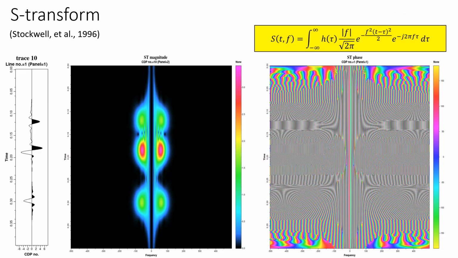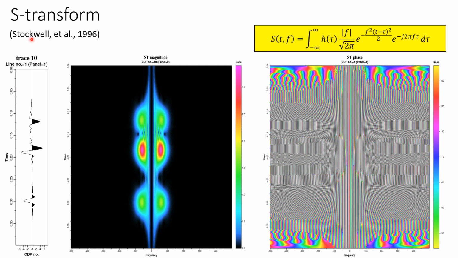Stockwell and his colleagues proposed the S transform by using this equation here, which can be interpreted as a short-time Fourier transform if we use a special sliding window that is a function of the frequency.